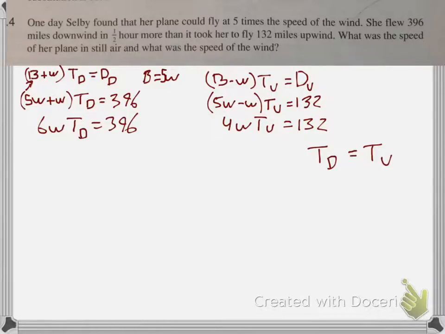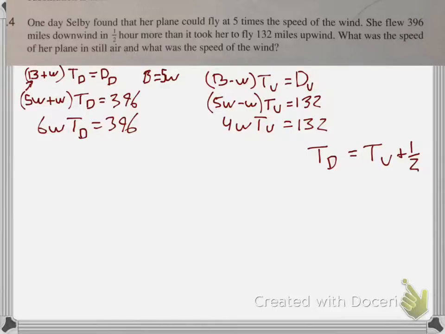It was downwind and a half hour more than it took her to fly upwind, right? So which one gets the plus half? The TU gets the plus, because the down time is a half hour longer than the up time. So you need to know the TU, the up time, and once you know that, you add a half an hour to it, you get down time.